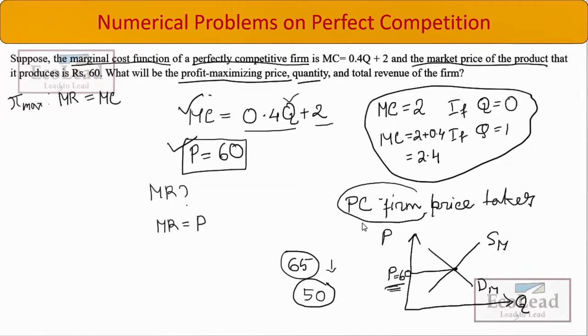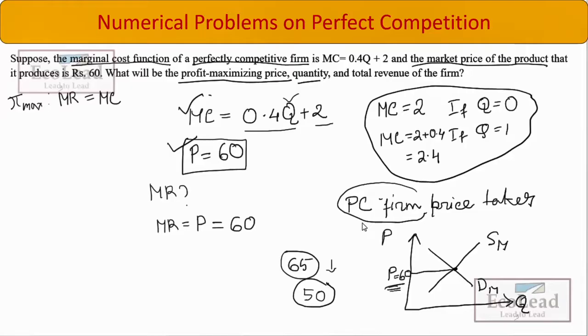The logic is that if the perfectly competitive firm wants to sell an additional unit of output, then he must charge the price which is the market price for the product. So here in this case, marginal revenue will be nothing but rupees 60.